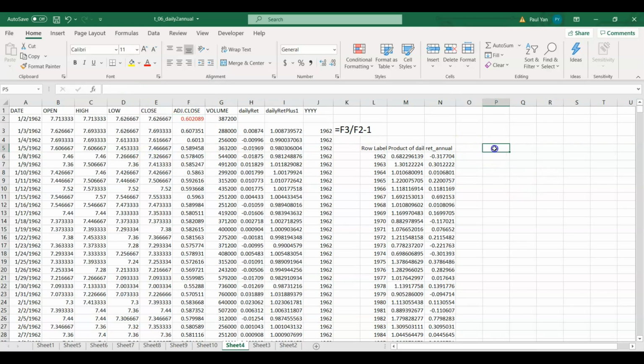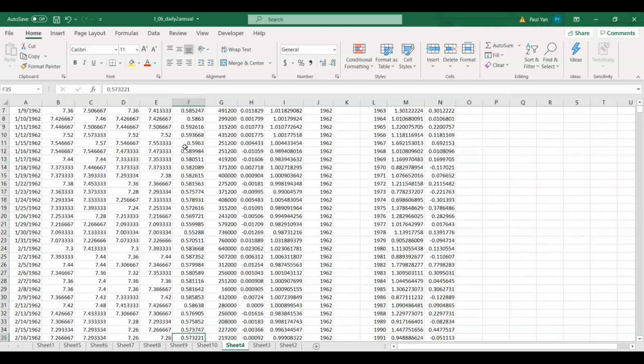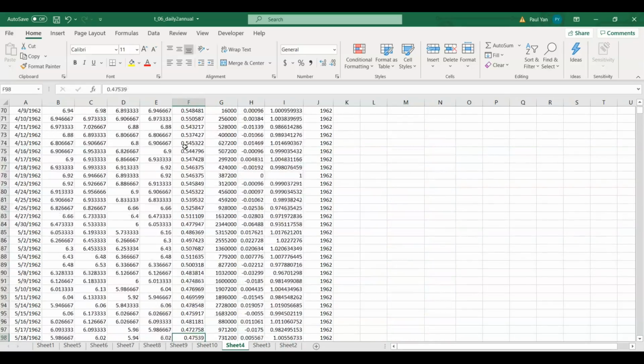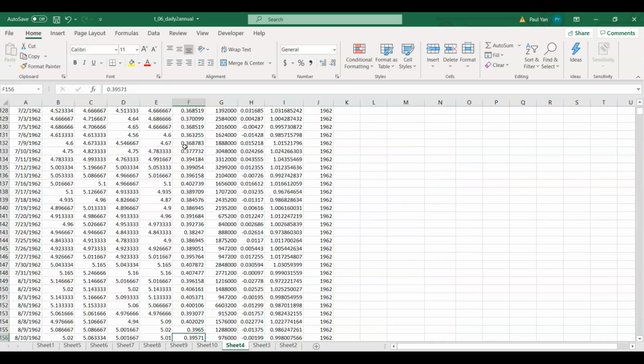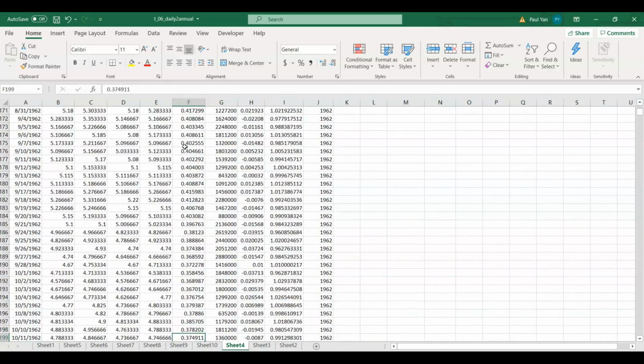Let's assume P0 and P1. P0 will be our first number. P1 will be the end of year. So let's look at column F. Going down, this is the last date, December 31st.